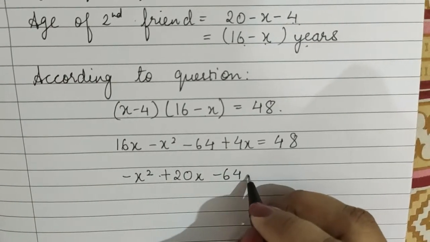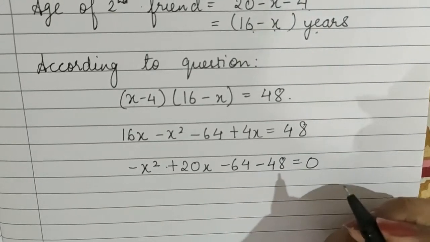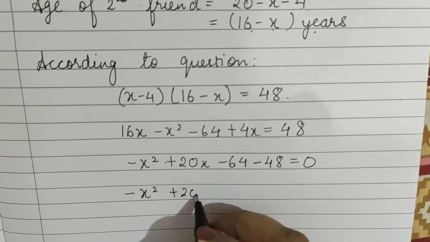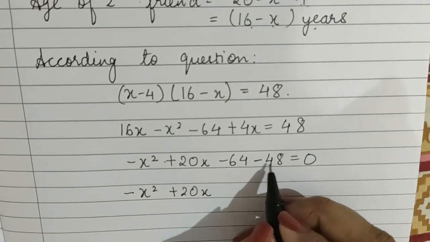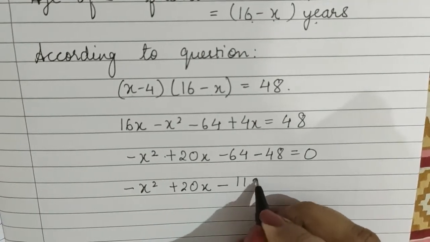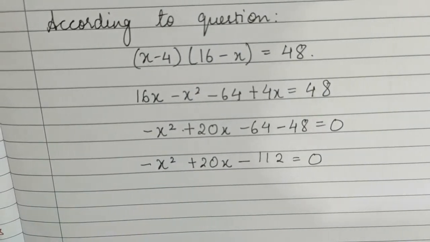This 48 I will transpose to the LHS, so minus 48 equals 0. Minus 64 and minus 48 will give you minus 112, equals 0.